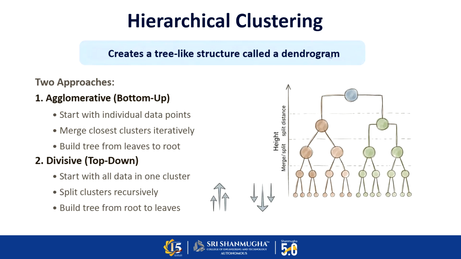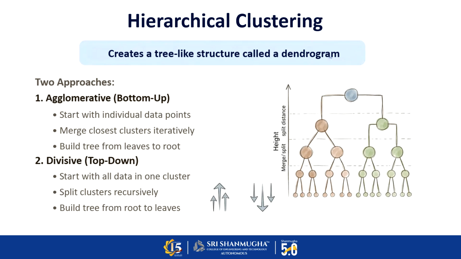So we have two approaches over here. One is agglomerative, that is nothing but the bottom-up approach. The second one is divisive, that is nothing but the top-down approach. Agglomerative is the most common approach.